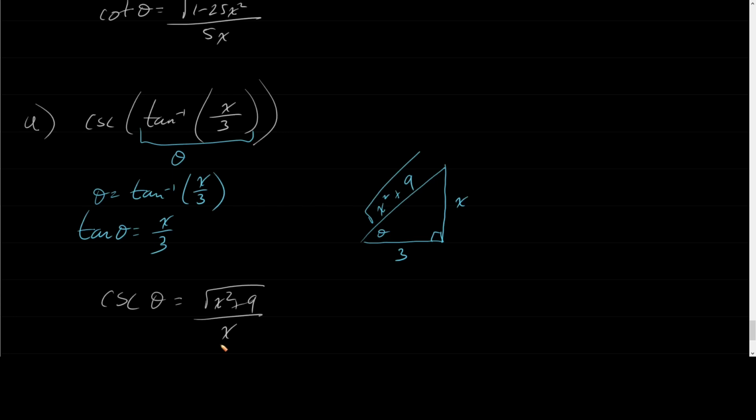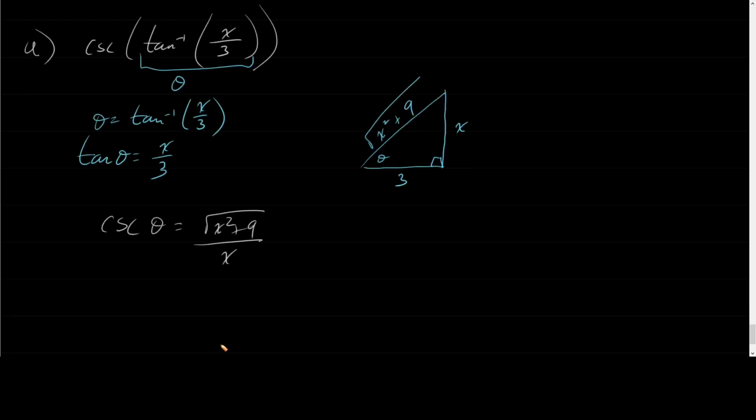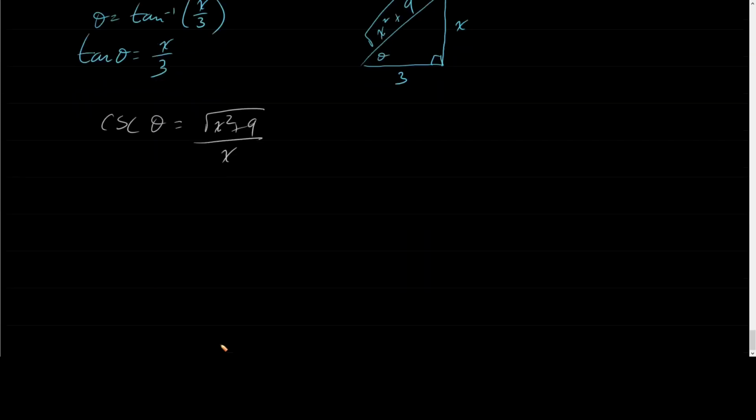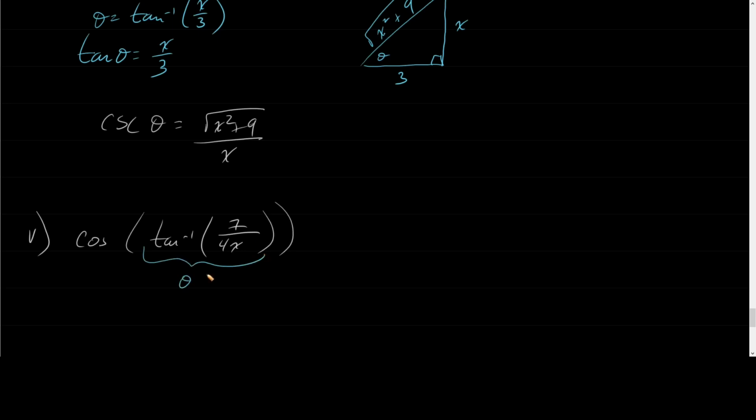All right, let's do another one. That was U. V. Let's say that I have cosine of tan inverse of 7 over 4x. Well, in here, like before, this is our theta.